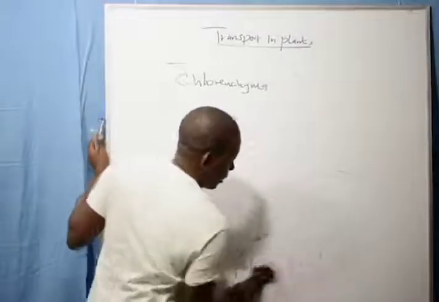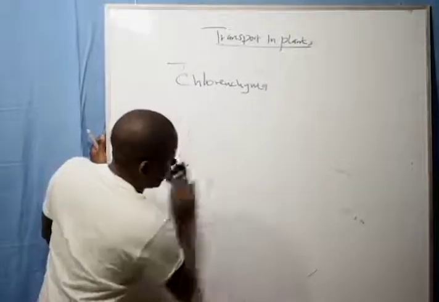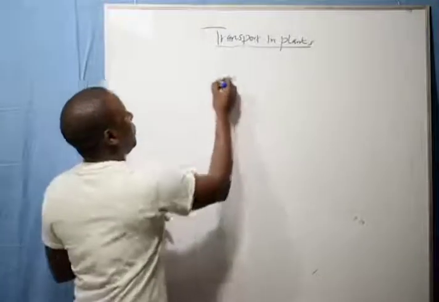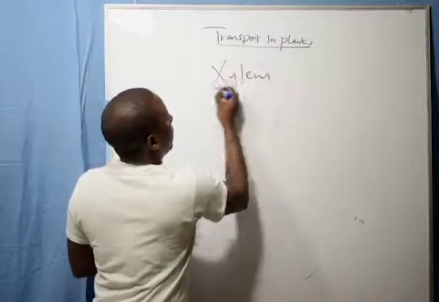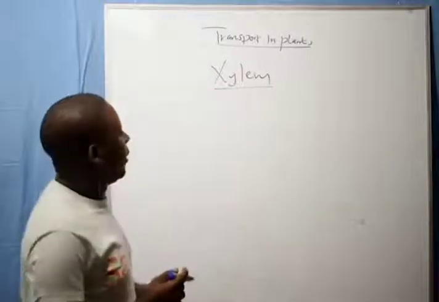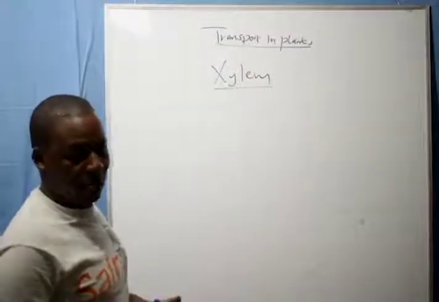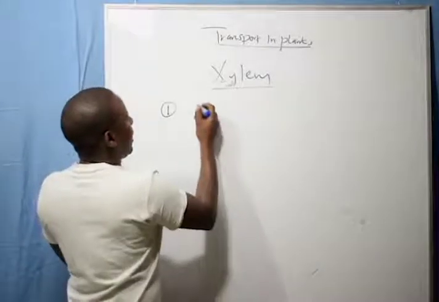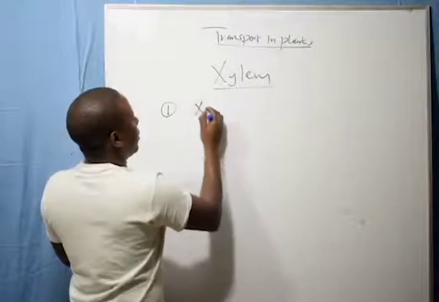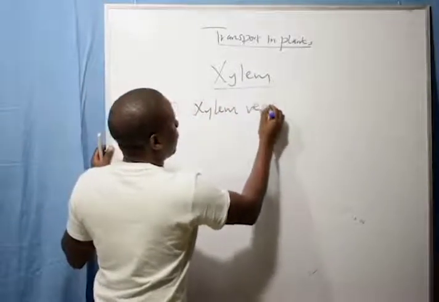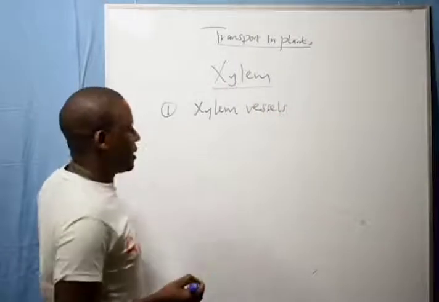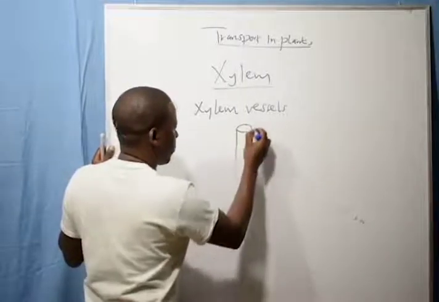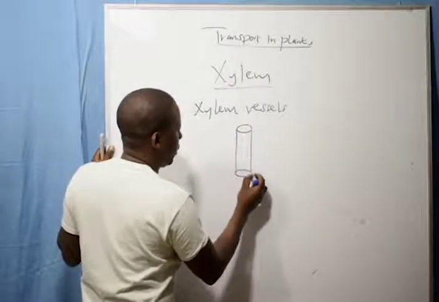I want us to look at the xylem. Xylem in a plant can be made up of two cells. One type of cell is known as xylem vessels, which are tubular, look like tubes.